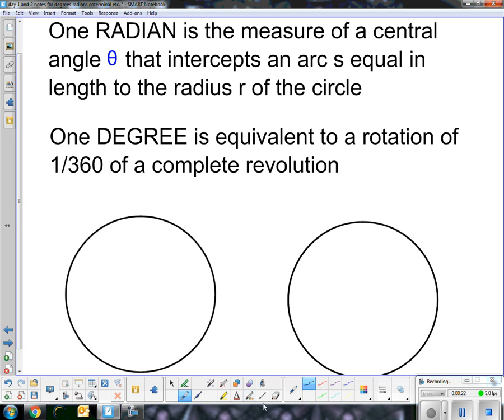So think about that on a circle. If I take a circle and I mark a radius, so let's say from here to here, and I try to rotate around the outside of this circle. So let's say that this radius is equal to 10.